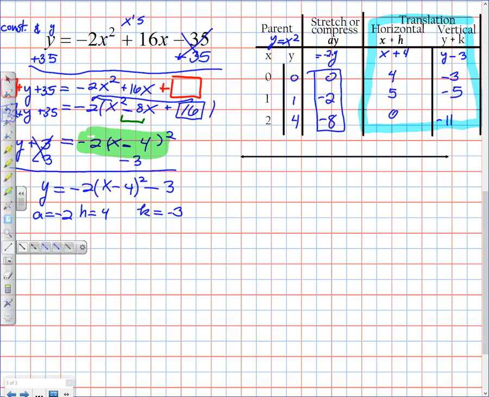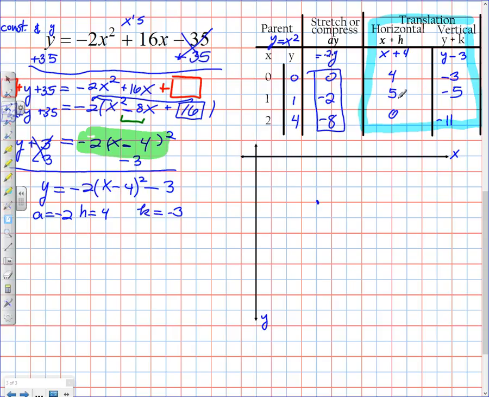So my x will be right here, and my y value will be negative here. So this is my x-axis, and this is my y-axis. X is 4, and y is negative 3, 1, 2, 3.